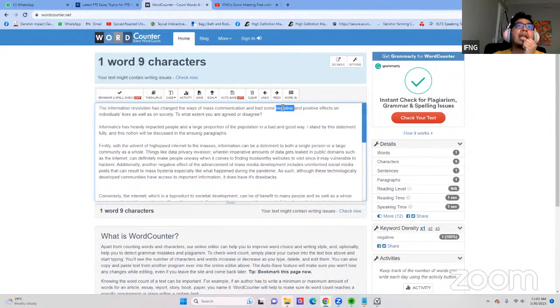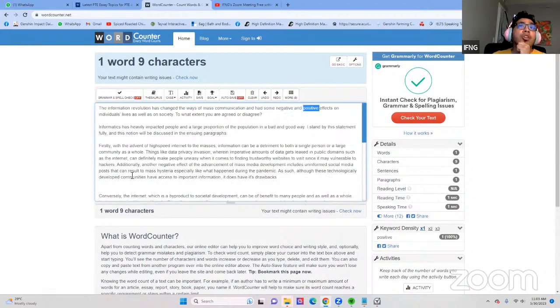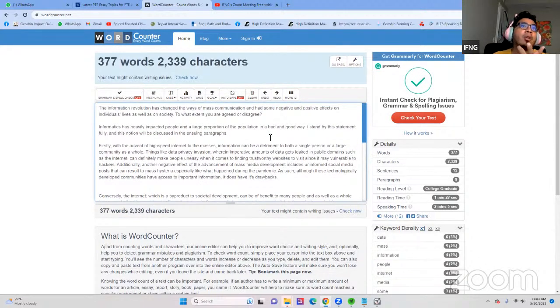Because in our task, the task started with the negatives, and the subsequent one is the positives. Usually we start with the positive and negative, but because our task is like that, we made our essay in such a way that it has to follow a certain format, cohesion and coherence.